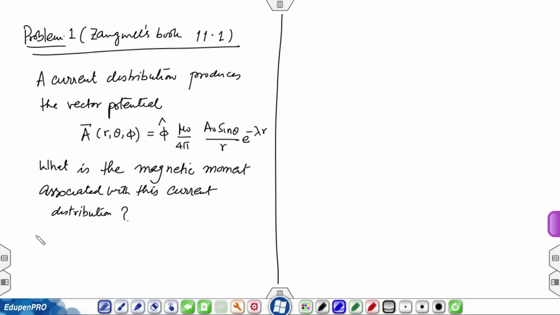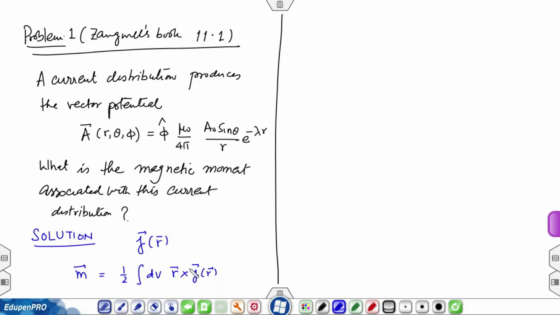So, this problem is quite straightforward. I want to calculate J(r), and once I know J(r), the magnetic moment associated with this will be given as 1/2 integral dV r cross J(r).